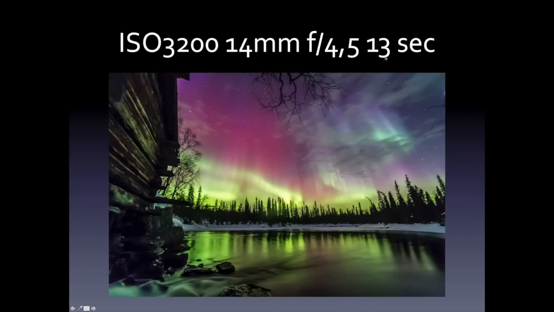The exposure time was 13 seconds, mainly because I wanted this building to be bright too. In Lightroom, I exposed the Nordic Lights a little bit down and gave more exposure to the building, so it's a little bit of afterwork on this photo.